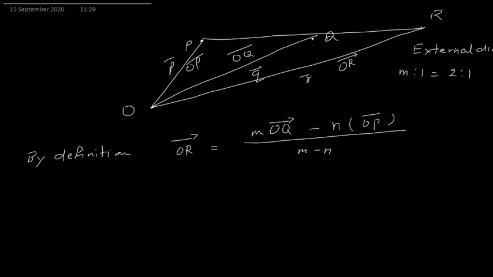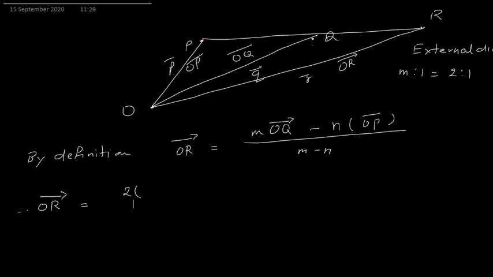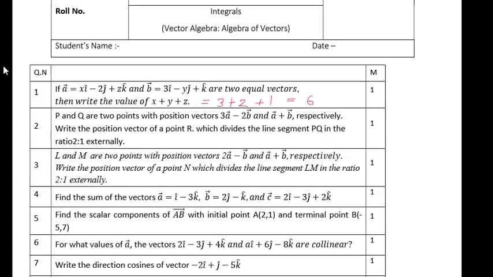Fine. So, therefore, OR bar will be equal to 2 into, now for point Q, we have a bar plus b bar as the position vector, minus 1 time, this is 3a bar minus 2b bar, and the whole divided by 2 minus 1. 3a minus 2b, let us cross check, 3a minus 2b, perfect.